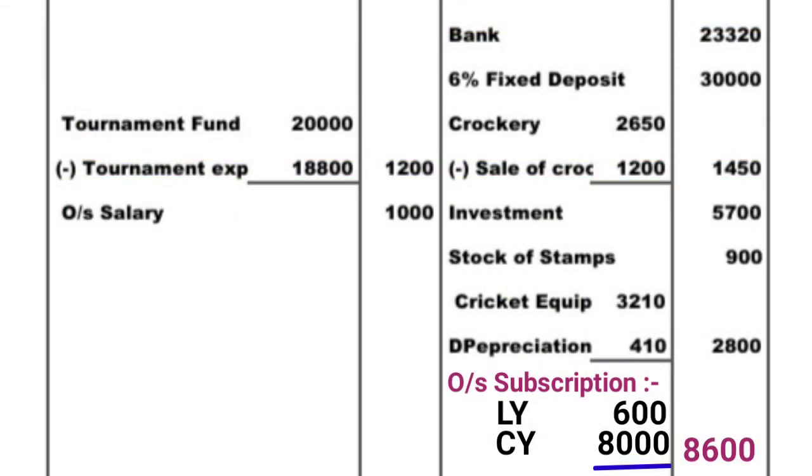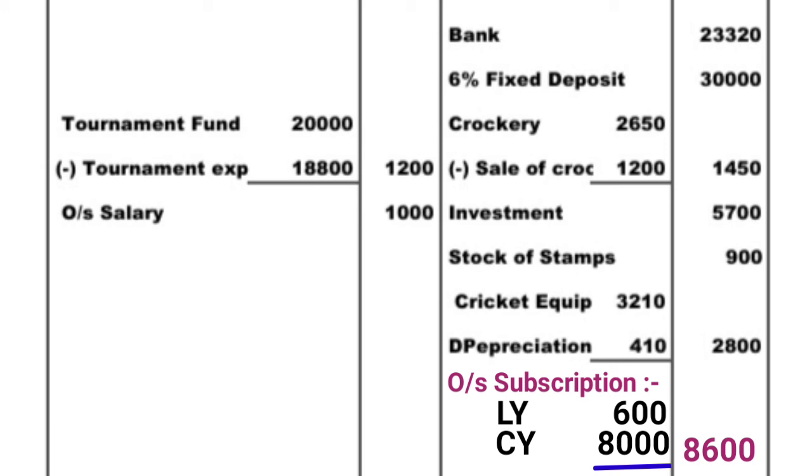See, in equipment, in 2009, the amount is 3,210. They told 31st December 2010, the amount is rupees 2,800. Here, we wrote 2,800 in the outer column, right? In the information, they say that on 31st December 2010, the arrears of subscription is rupees 8,000.